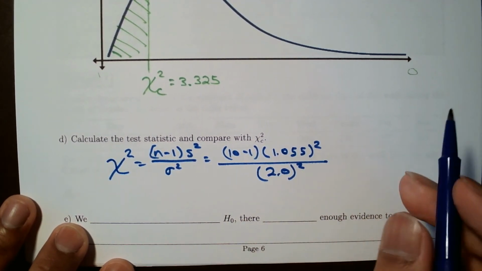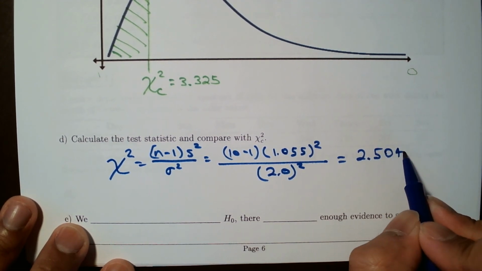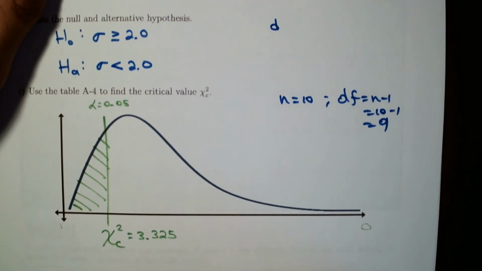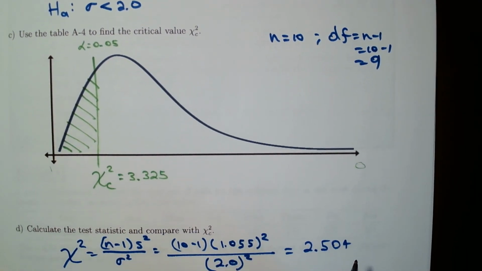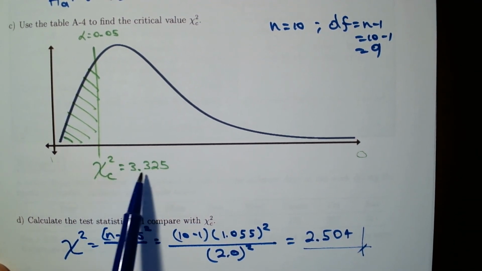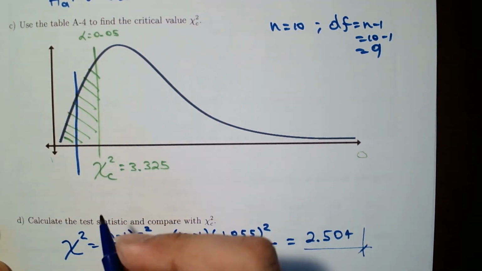If you put this in the calculator, you should get 2.504. And alright, let's see what we got. The number 2.504 is a number less than 3.325, which actually falls in the shaded region.